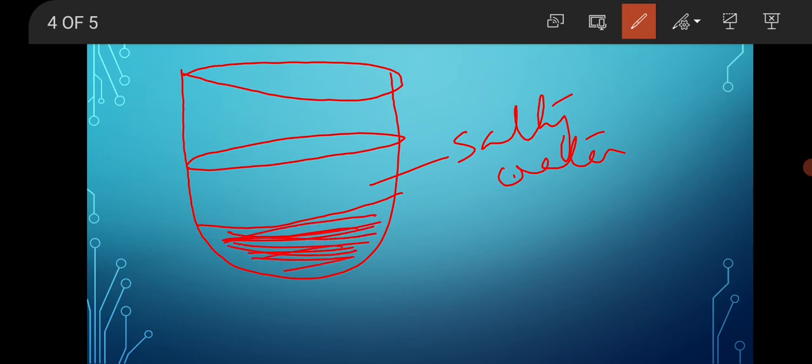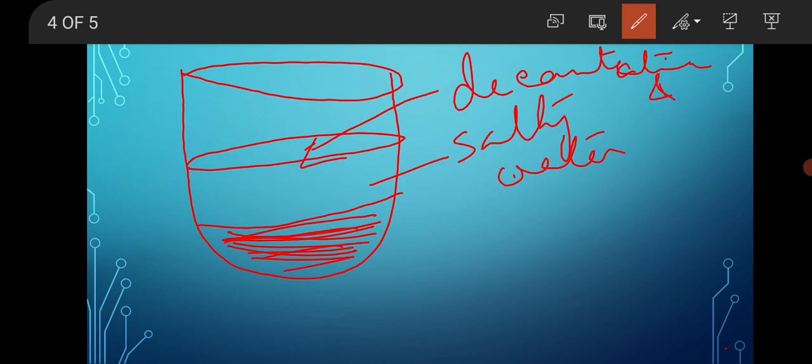So we can separate this water by decantation and filtration. So these are the two processes by which we can separate sand from water, that is, salty water.